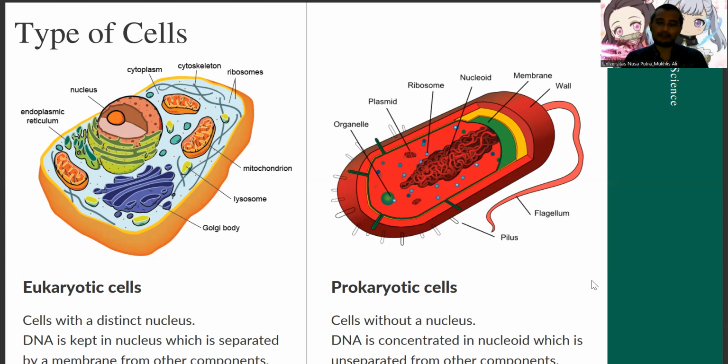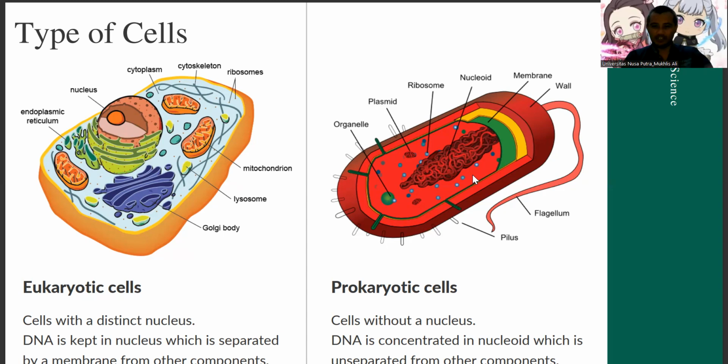In prokaryotic cells, there is no distinct nucleus, so the nucleoid is separate, and doesn't have a membrane like in a nucleus. So the DNA is concentrated in the nucleoid, which is unseparated from other components like ribosomes and other organelles.